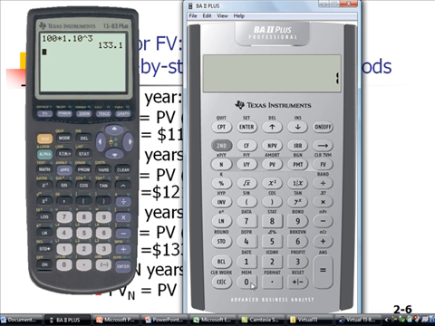We can type it in as 100 times 1.11 to the power of, here's your exponentiation key, to the power of 3, and then push the equal sign, and of course we get the answer that we're supposed to get, which is $133.10.